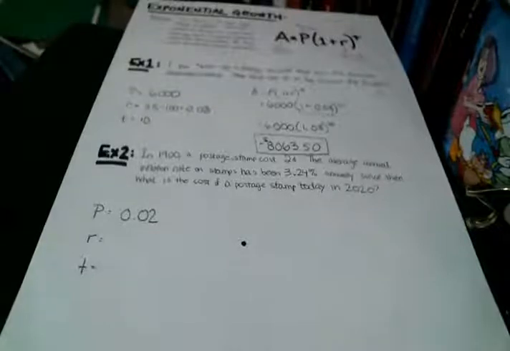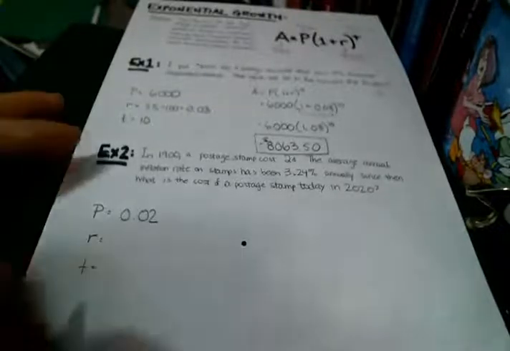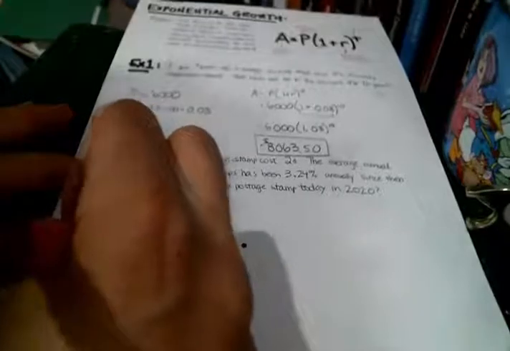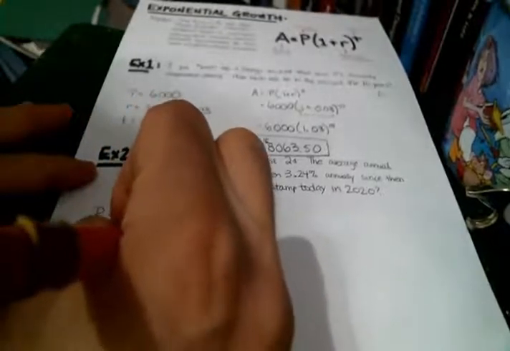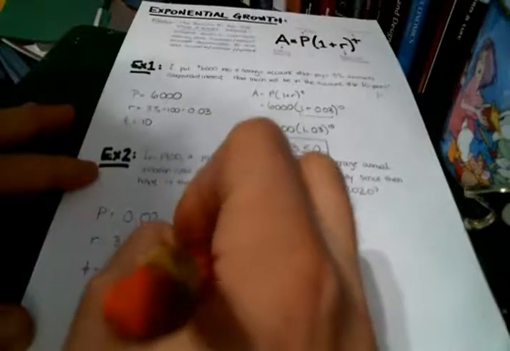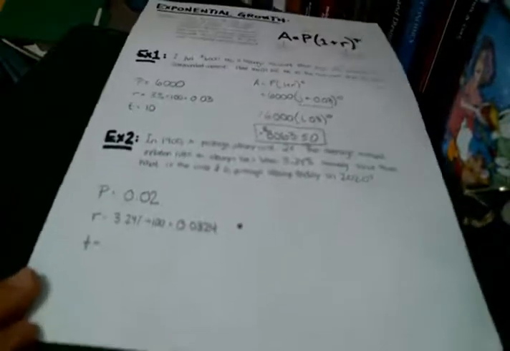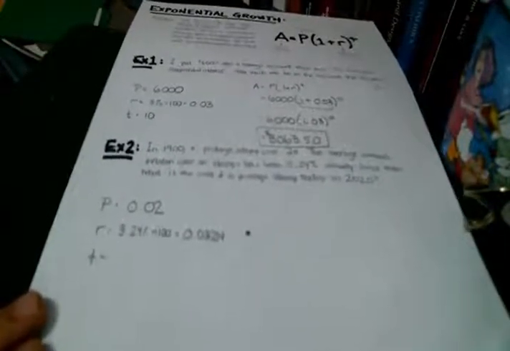R is, in this case, going to be the inflation rate, which is the 3.24% that's listed. And again, just as I said all the time, make sure you divide that by 100, so you end up with 0.0324. The last one is T, which is the amount of time. Now, we're talking about the price change since 1900 to 2020.